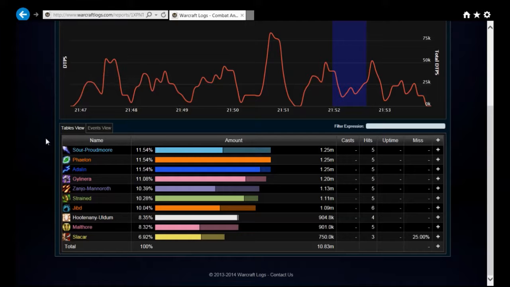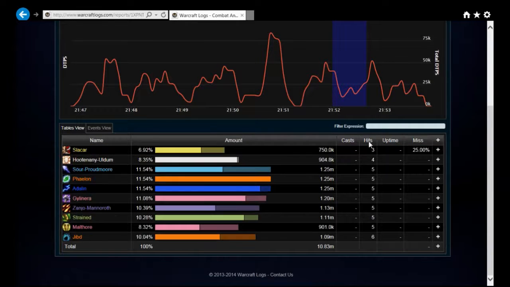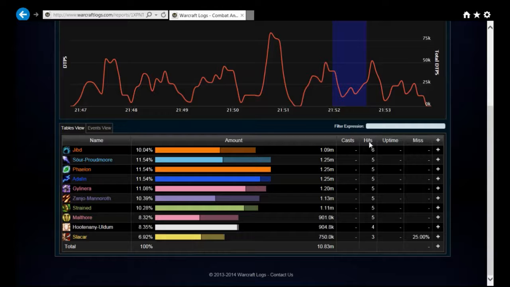What this page shows me is who took damage from collapsing rifts. And what I'm going to do is click on hits to sort that from highest number to lowest number, because this is a mechanic that you want to see a lot of hits on. So this is people that are actually running out, managing their debuff, and closing a rift as quickly as they can.